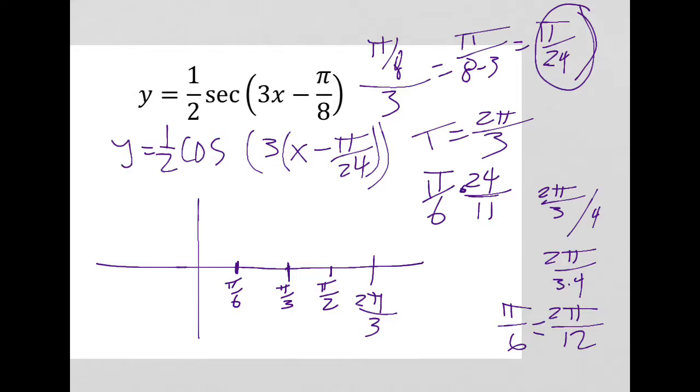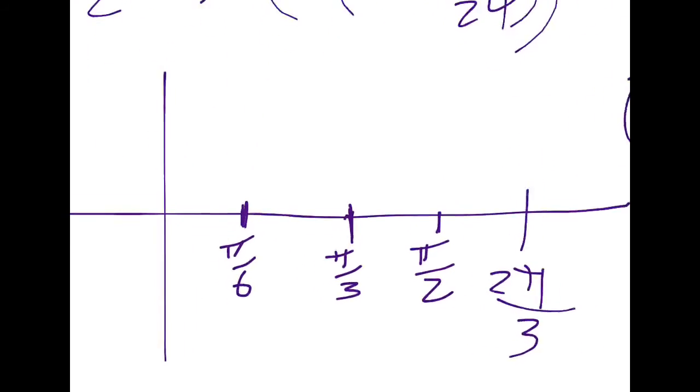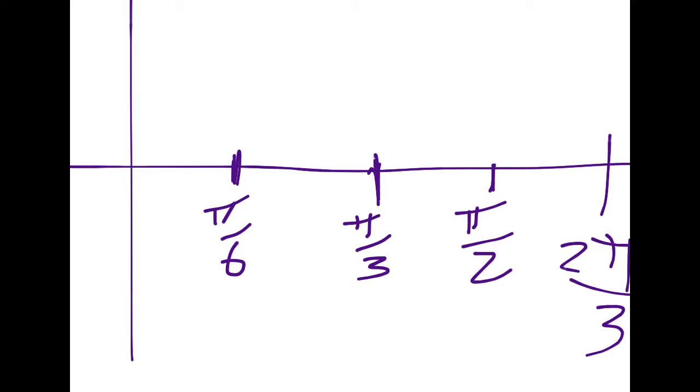And your pi's cancel, and you're left with 24 divided by 6, which is 4. So I need to split each of these little increments up into 4 more pieces. Although this is a little bit obnoxious, it's certainly not super hard to do. We just need to think about the fractions.